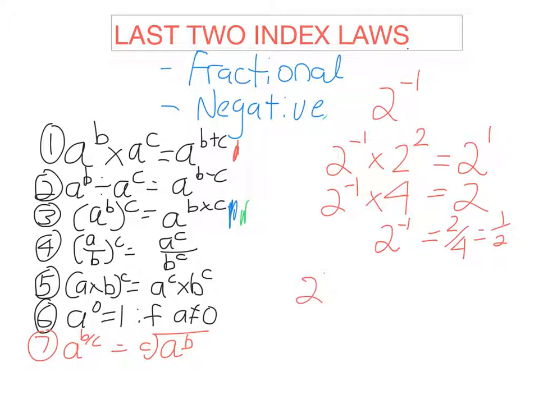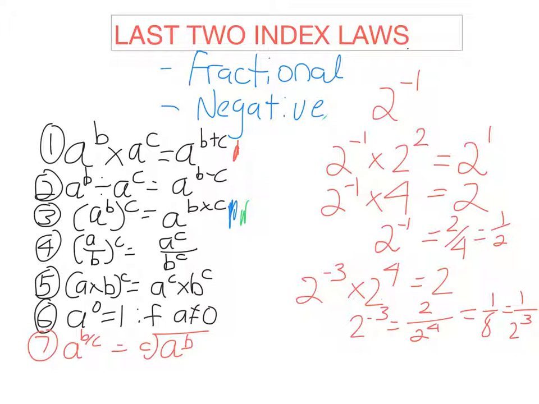Similarly, I could have done 2 to the power of negative 3 times 2 to the power of, let's say, 4 equals 2. So 2 to the power of negative 3 equals 2 over 2 to the power of 4. So 2 over 2 to the power of 4 is 2 over 16, which is 1 over 8, which is 1 over 2 cubed. So in order to be consistent with the first index law, we have that a to the power of negative b equals 1 over a to the power of b.